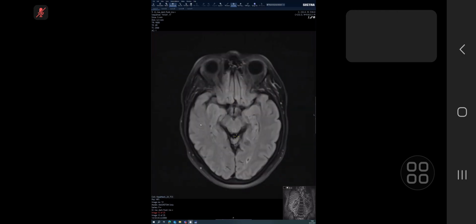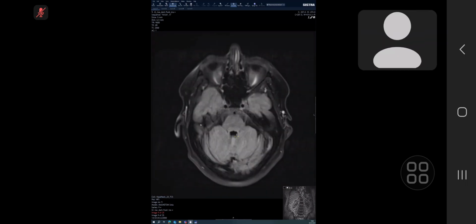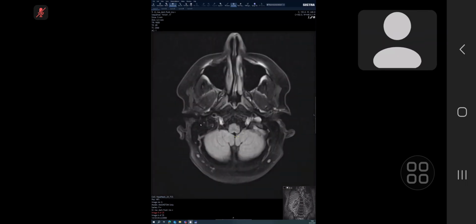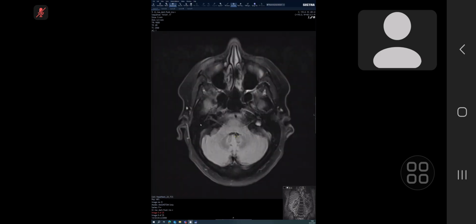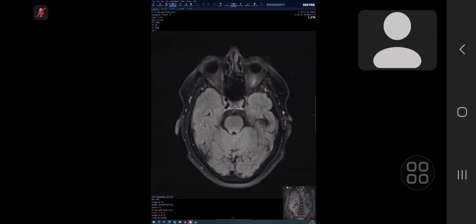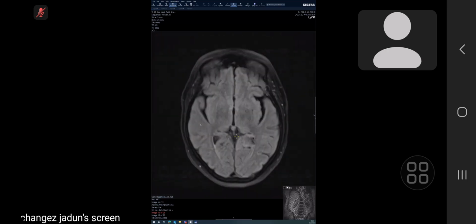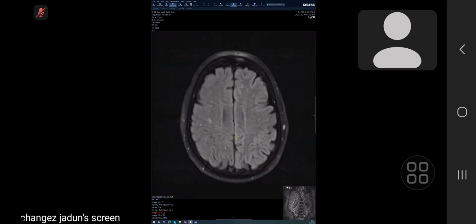I am unable to appreciate any other hyperintense foci in the rest of the brain parenchyma. So I would suspect that this single hyperintense focus could be due to an old ischemic demyelination due to microvascular injury to the brain in this region.